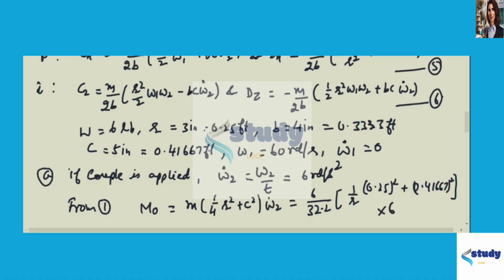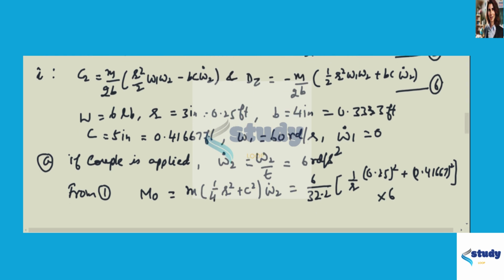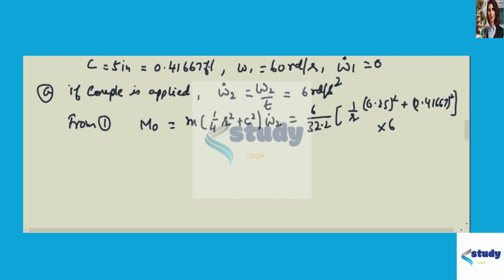On solving it, the moment of couple about O you will get 0.212 feet pound j cap.